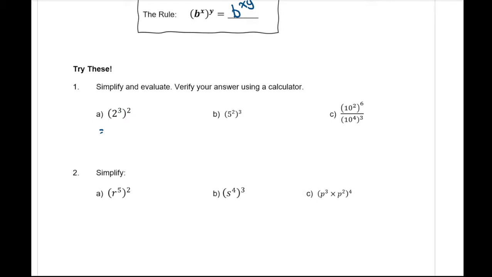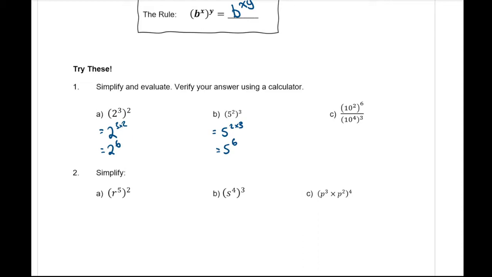I only have one base, so I'm going to multiply my exponents together. So 2 to the power of 3 times 2, which is 2 to the power of 6. For b, 5 to the power of 2 to the power of 3 means it's going to be 5 to the power of 2 times 3, 5 to the power of 6.